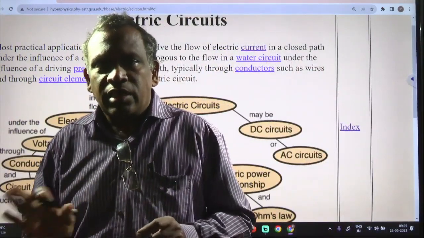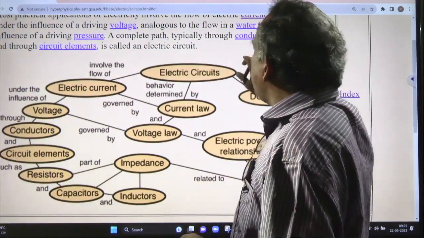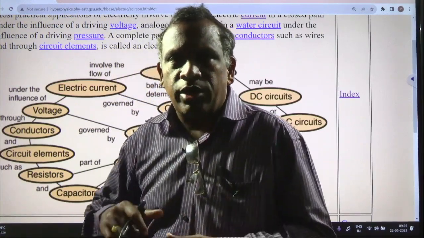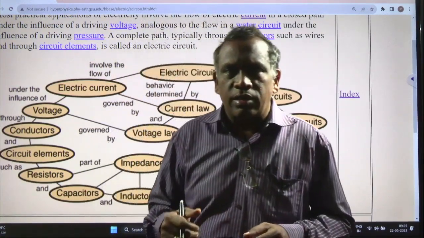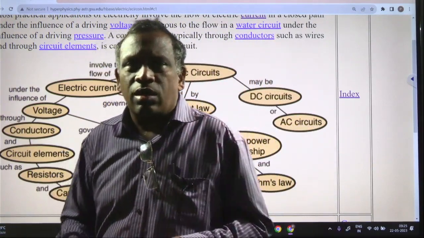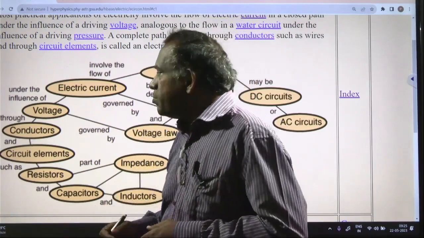The complete path is typically through conductors. Conductors like copper, silver and aluminum allow the current to pass very freely through themselves.